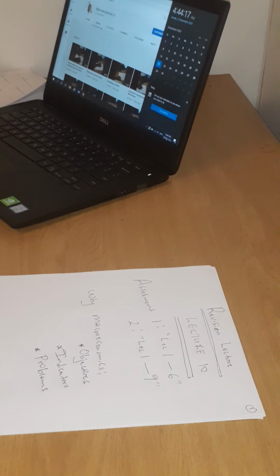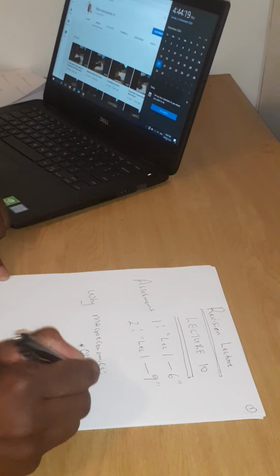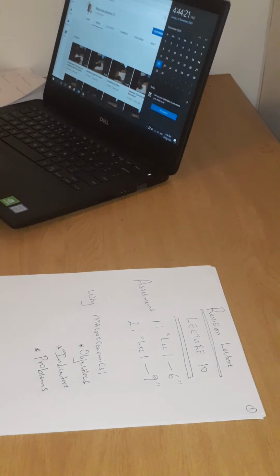So basically, when you talk about objectives, I'm not going to repeat them, but it's just economic growth, full employment, price stability, balance of payment stability, and equitable distribution of income. And then when you talk about indicators, we say for each objective, there must be an indicator. For economic growth, we said an indicator must be what? An indicator must be real GDP.